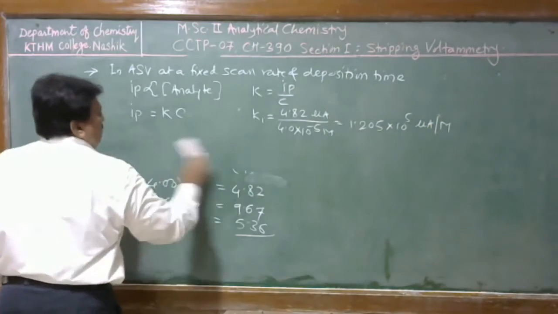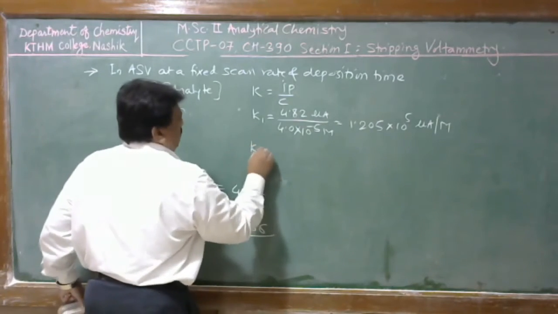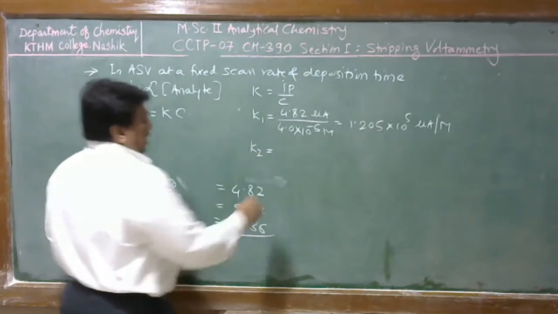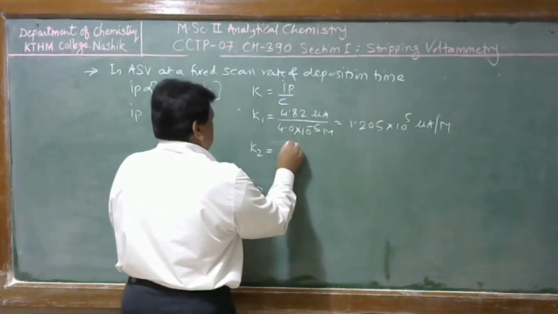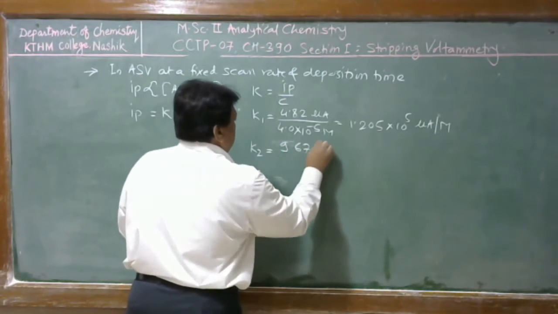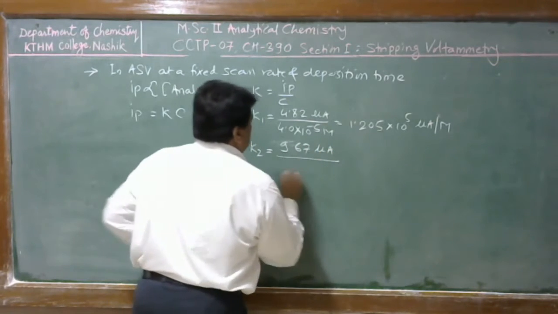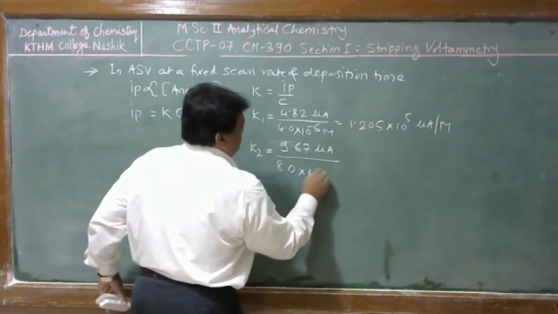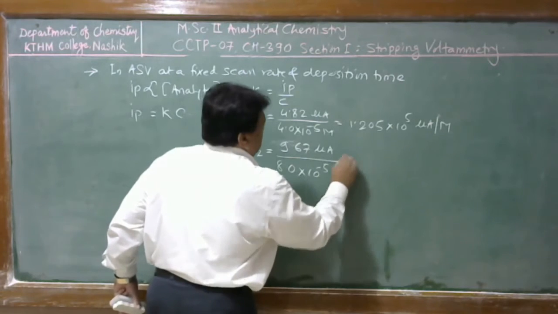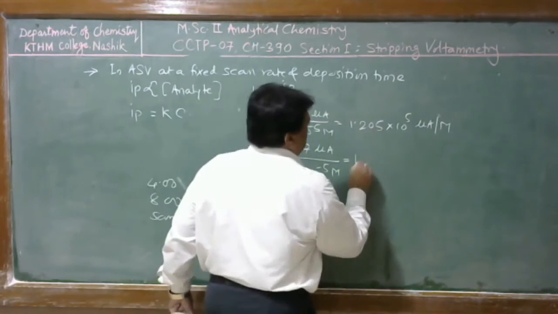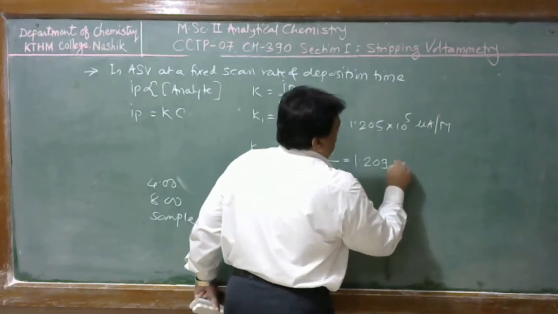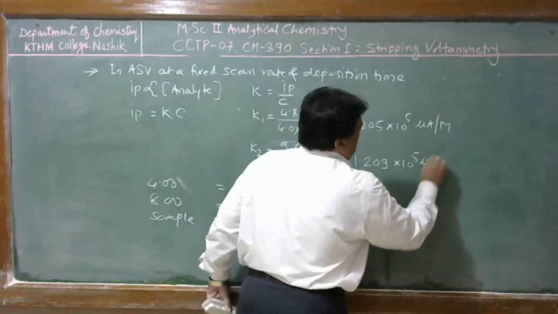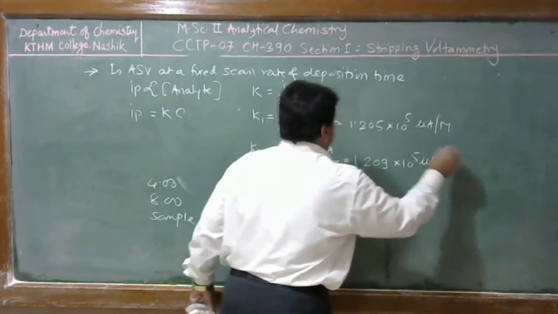Similarly, K2 is equal to 9.67 microampere divided by 8.0 into 10 raised to minus 5 moles. Here, this value is equal to 1.209 into 10 raised to 5 microampere per mole.